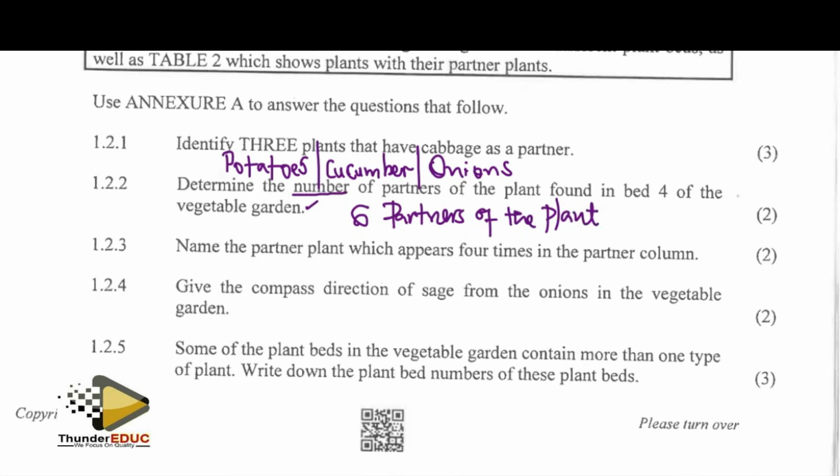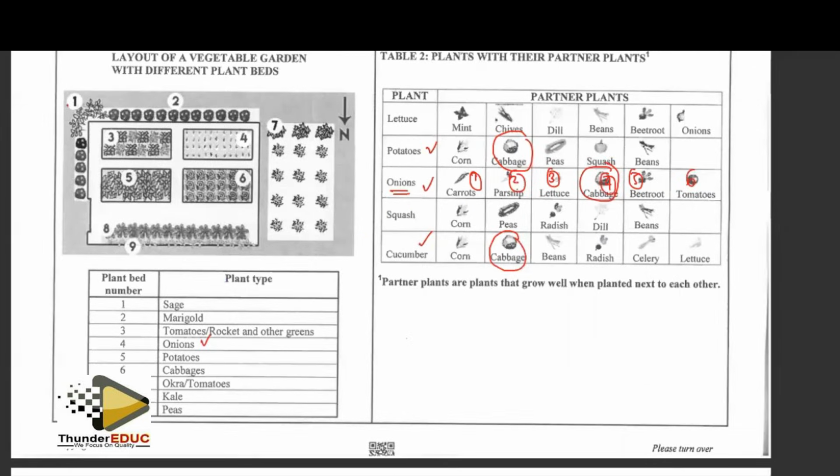Name the partner plant which appears 4 times in the partner columns. Name the plant that appears in the partner columns. These are the columns, these ones, that appear 4 times.